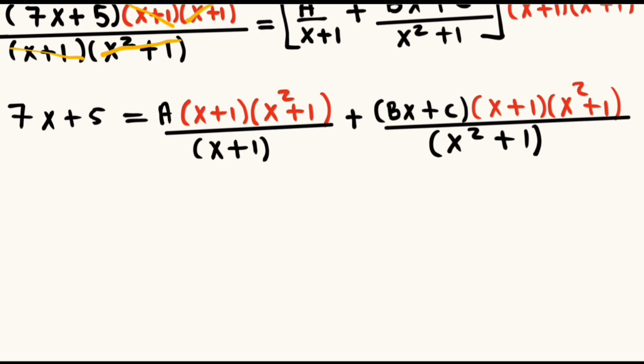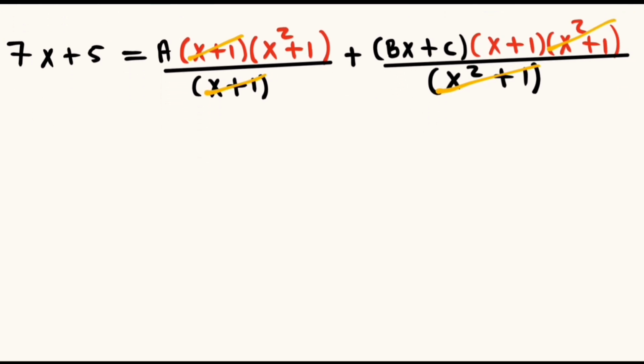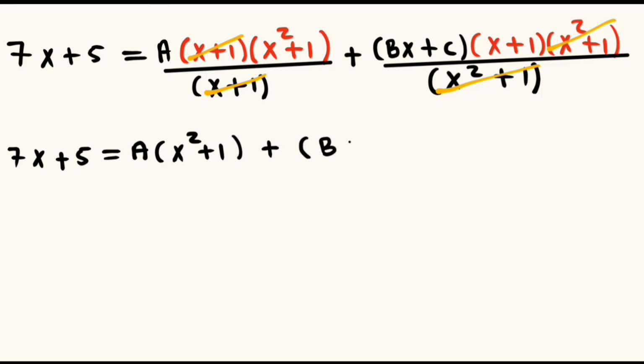So the x squared plus 1 and that x squared plus 1 will cancel out, and that x plus 1 and that x plus 1 will also cancel out, and the 7x plus 5 will be equals to a multiplied by the x squared plus 1 plus bx plus c, which will be multiplied by x plus 1.